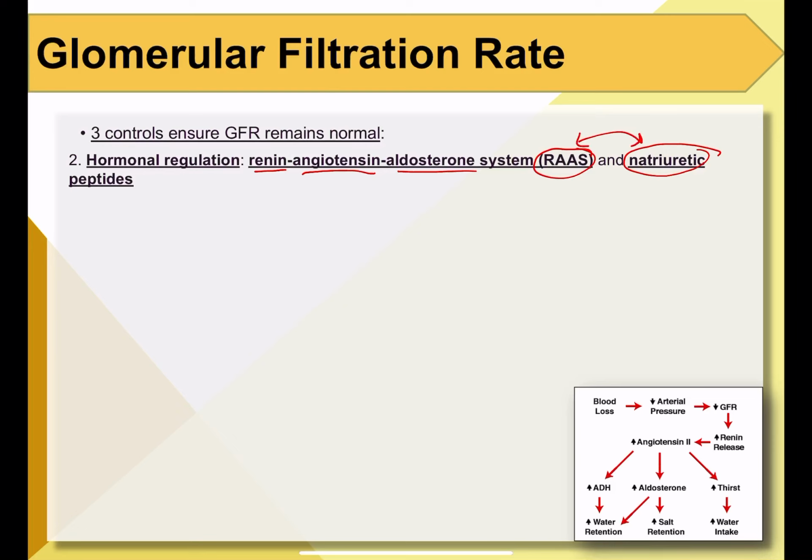These two are in an antagonistic interaction. Remember those hormone interactions I was talking about back in the endocrine chapter. So the renin, angiotensin, aldosterone system has an antagonistic relationship with natriuretic peptides, and I'll talk about what this means.